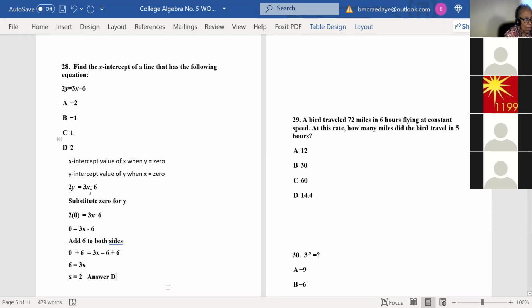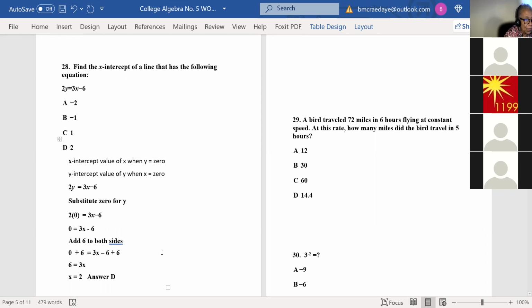So if you're given an equation like this, just plug in 0 for the y and then solve for the x. 2 times 0, Latoya said, is 0. And any number times 0 is 0. 3x minus 6, add the 6. 3x equals 6. Divide by the 3. X is 6 over 3 or 2. Answer D.